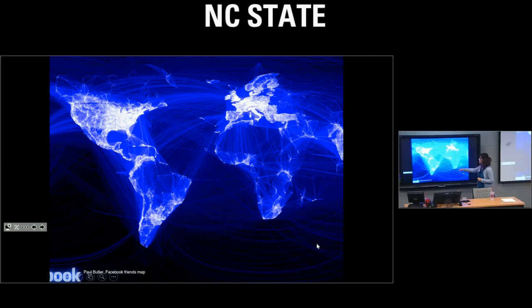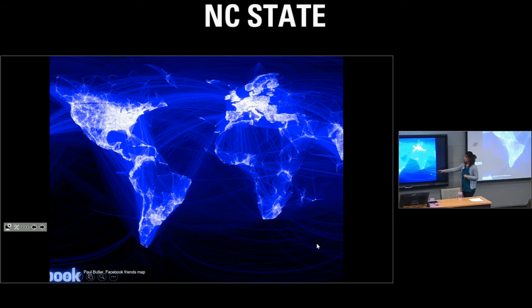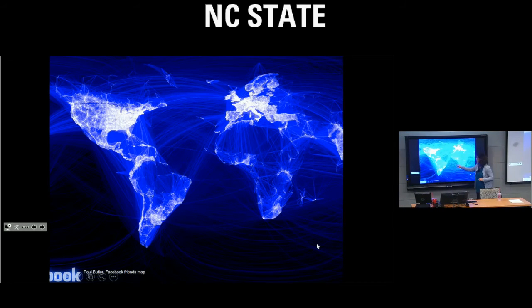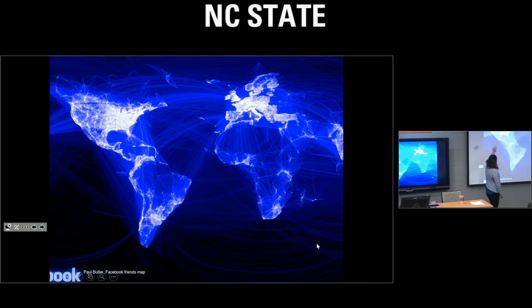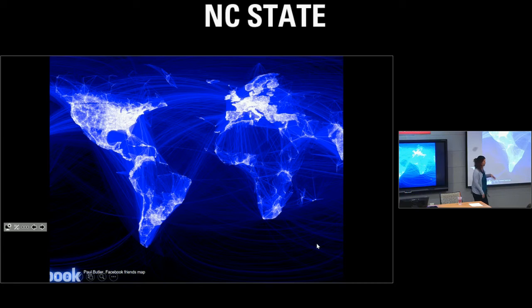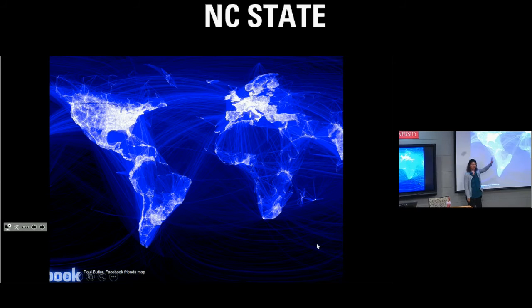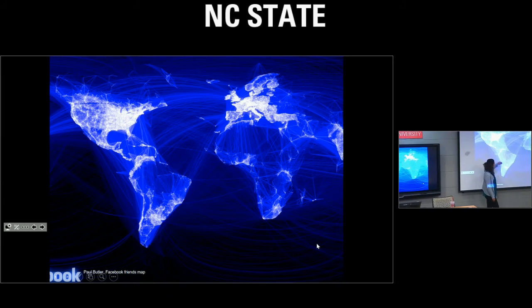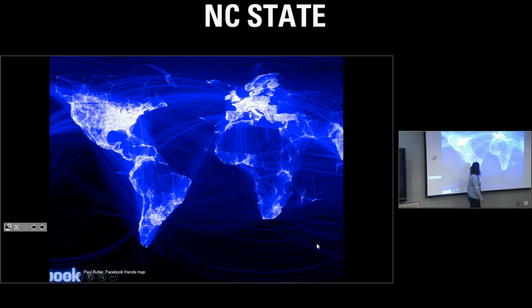Paul Butler, who was an intern at Facebook, made a really interesting map where he literally mapped all the Facebook connections around the world. I use this example later in the lecture I do on mapping to say that there's information that's missing from this map. But what you start to see is where there's tons of activity and tons of connections, and where there's not.